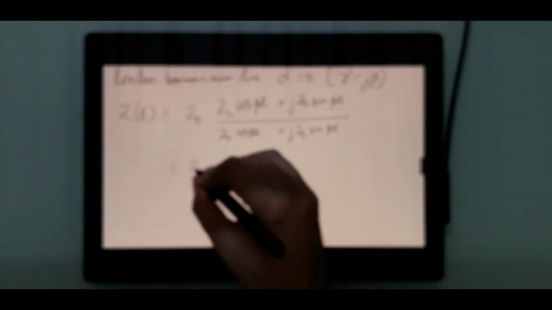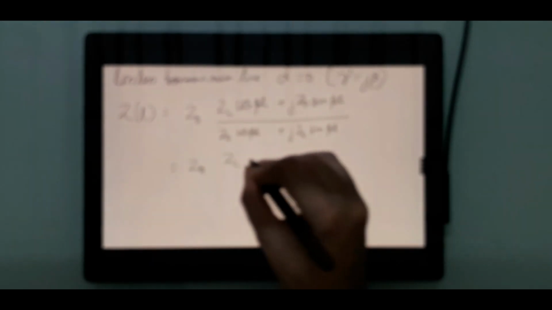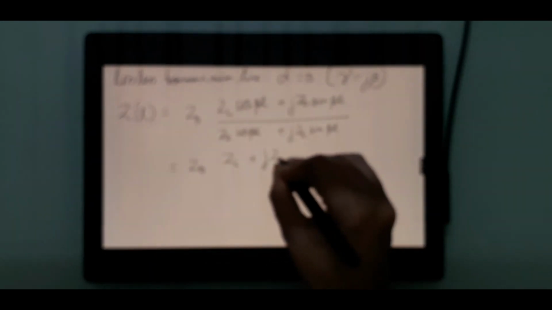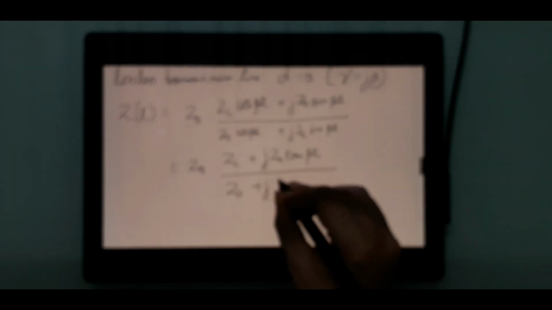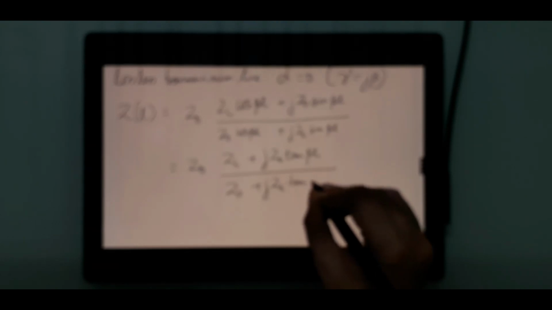I can also write, if I divide both numerator and denominator by cos, I can write this. This is the impedance transformation relationship for lossless lines.